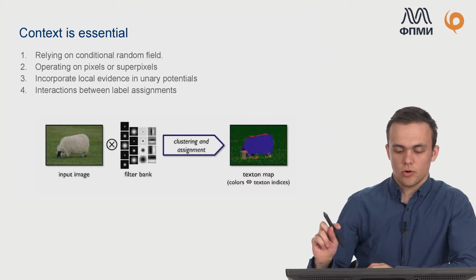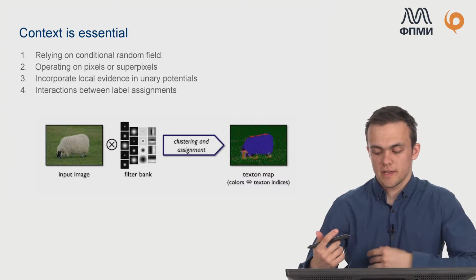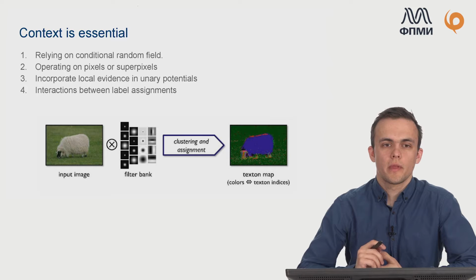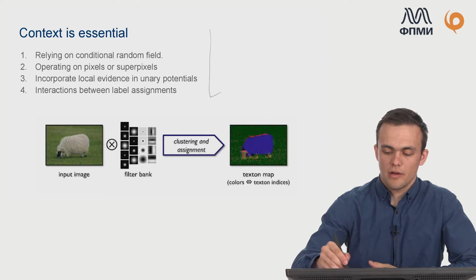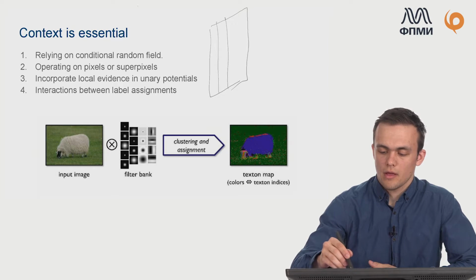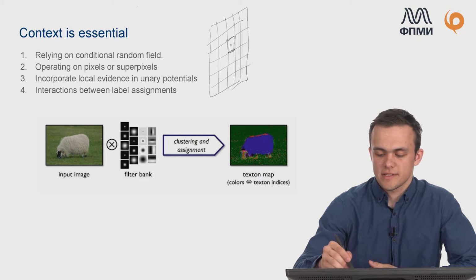So we need to use the context of that pixel. You have an image, a grid of numbers, and for example, we want to predict a class for this pixel.